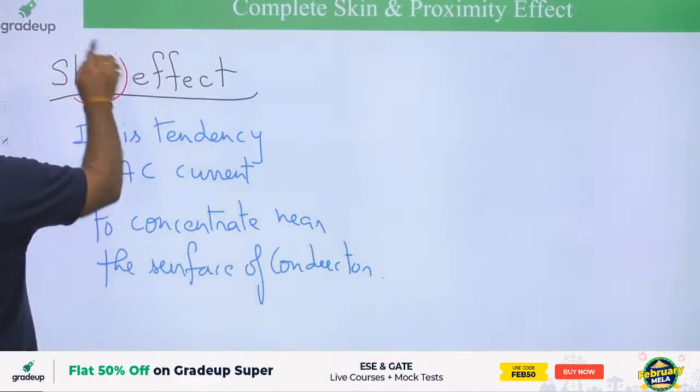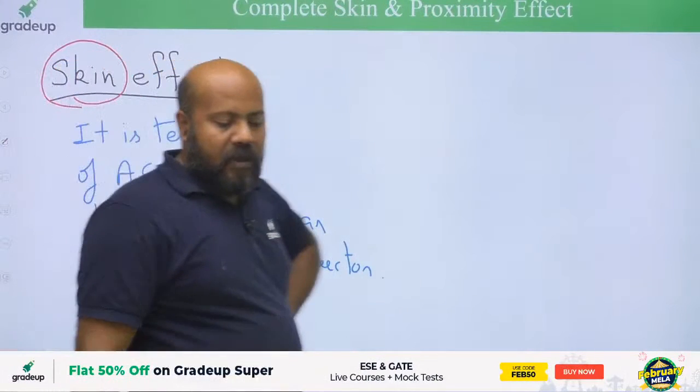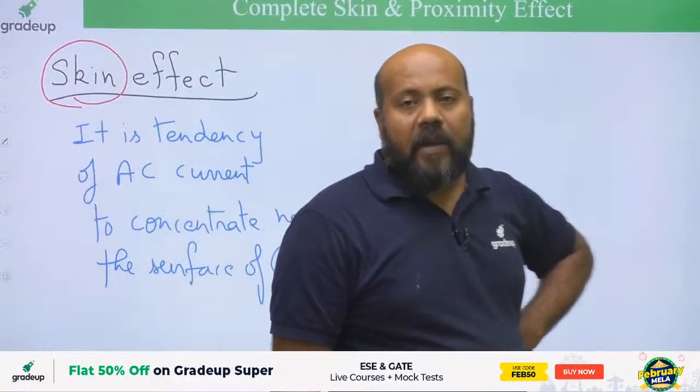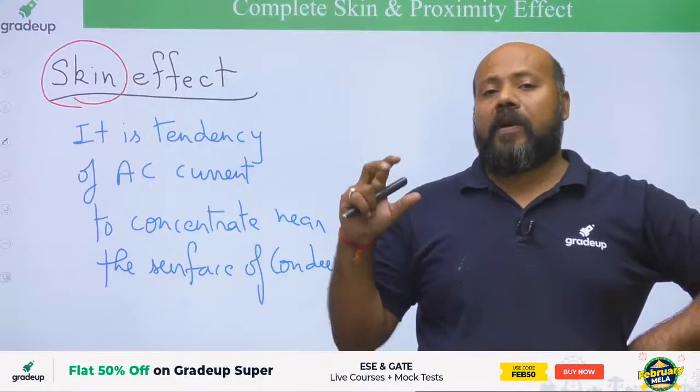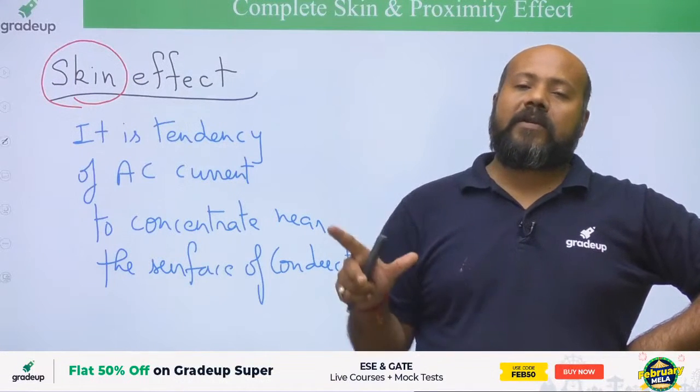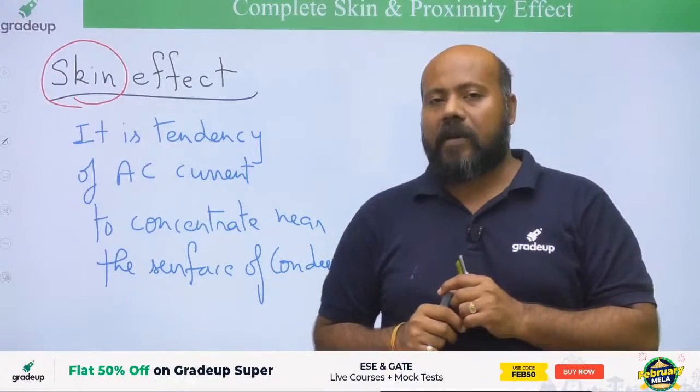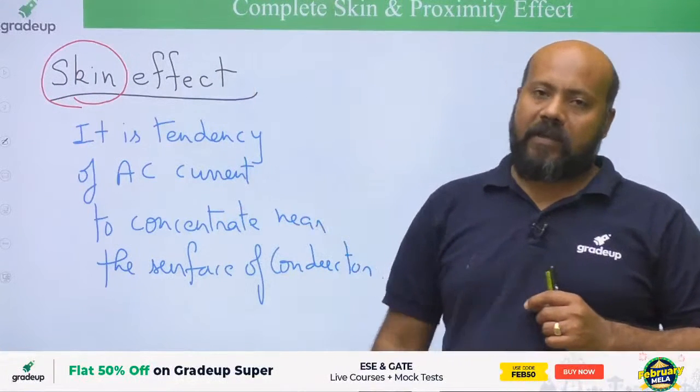But this question may be coming to your mind: if the current is concentrating near the surface of the conductor, then why are we calling this effect a skin effect?